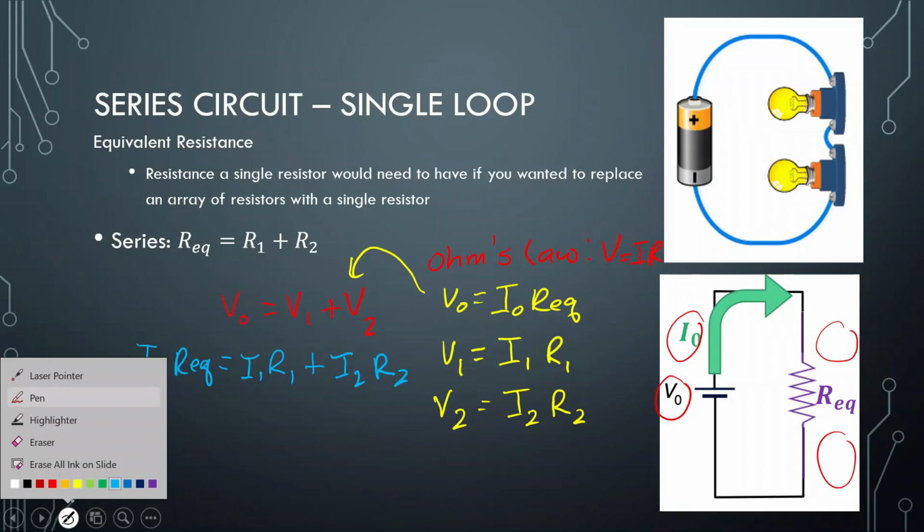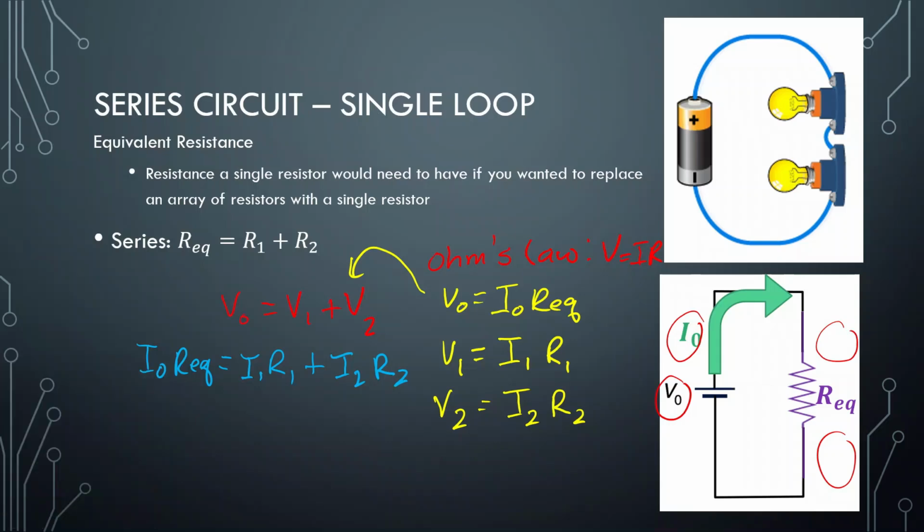I also know from the junction rule that I0 is equal to I1, which is equal to I2. So I can replace I1 with I0 and I2 with I0. And then what happens is I get I0 Req is equal to I0 R1 plus I0 R2.